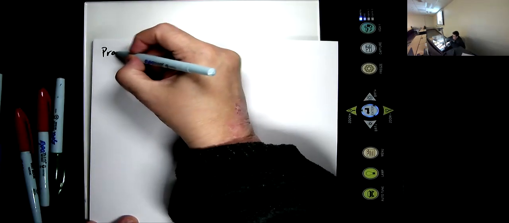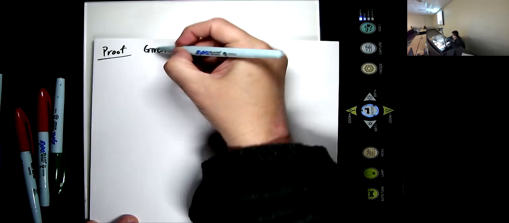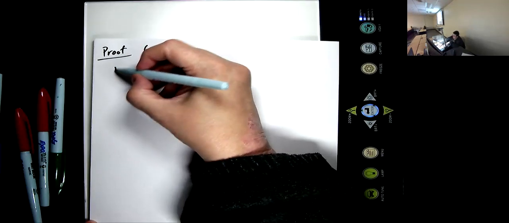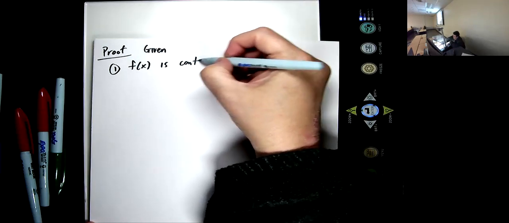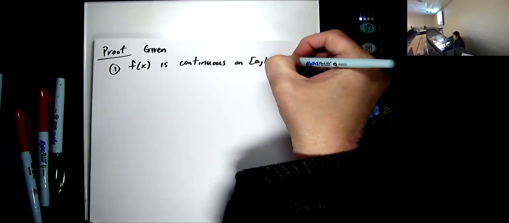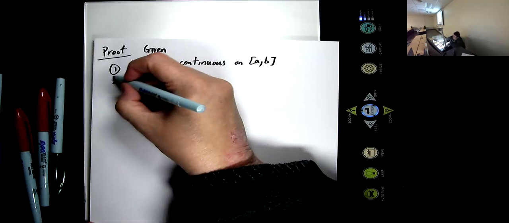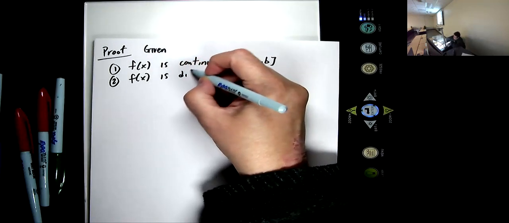All right, so we're going to prove this. Given three things: f of x is continuous on [a, b]. f of x is differentiable on (a, b).